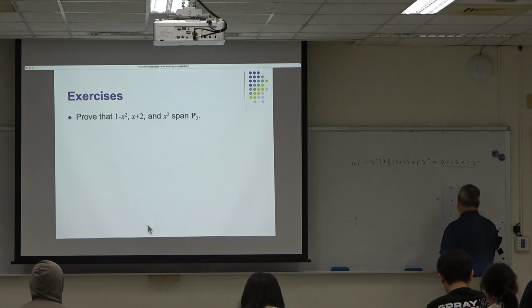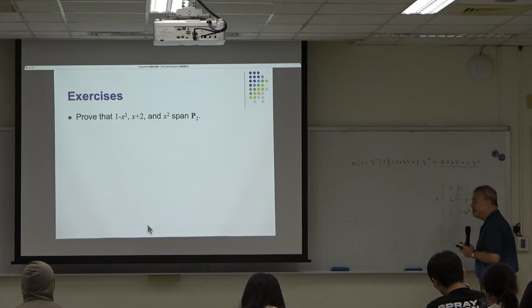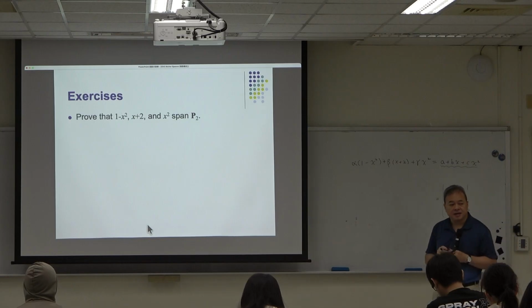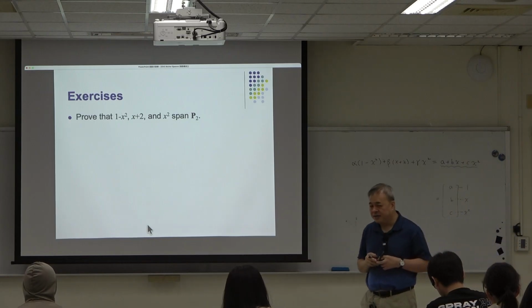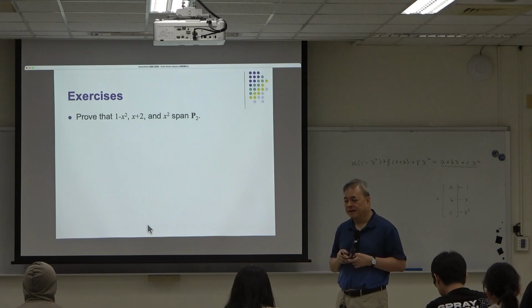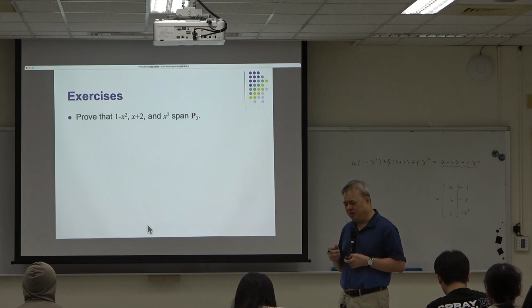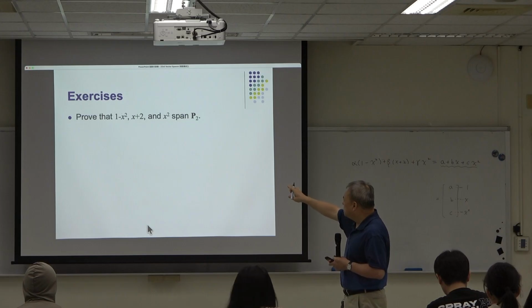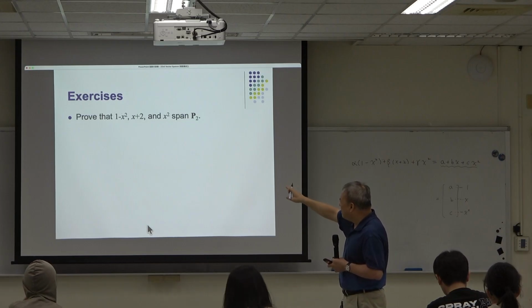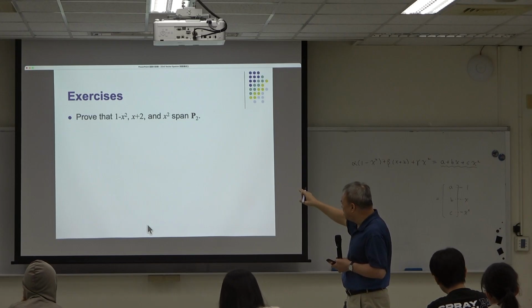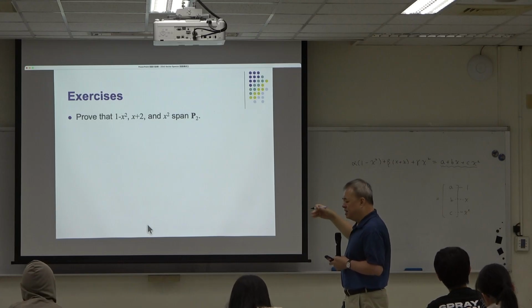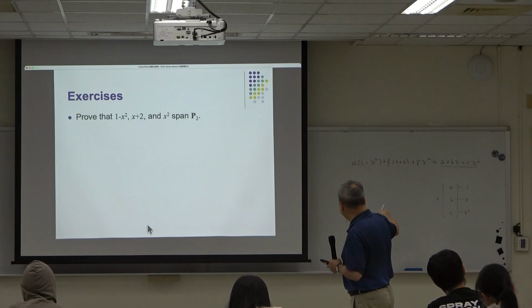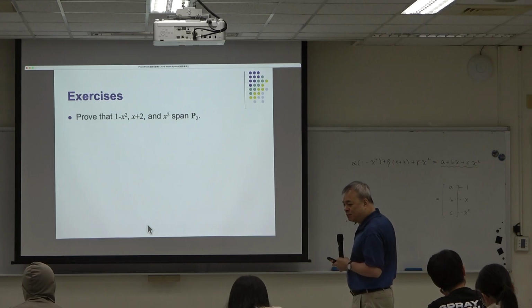This one represents x squared. So if we write it like that, we can consider 1 minus x squared, x plus 2, and x squared as vectors as well.